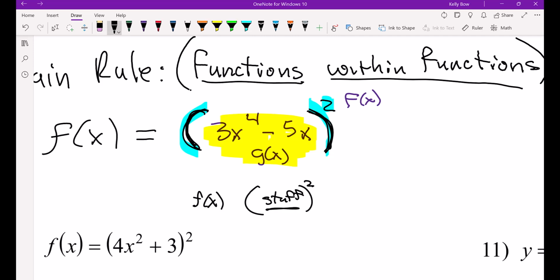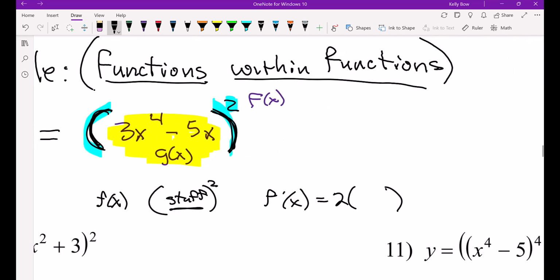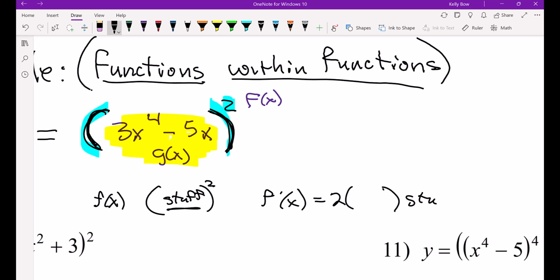Right? And then you've got this stuff. Well, to take the derivative of that, you take the derivative of the outer, which is 2 times that stuff, but then you take the derivative of the stuff. So that's what we're going to be doing here.